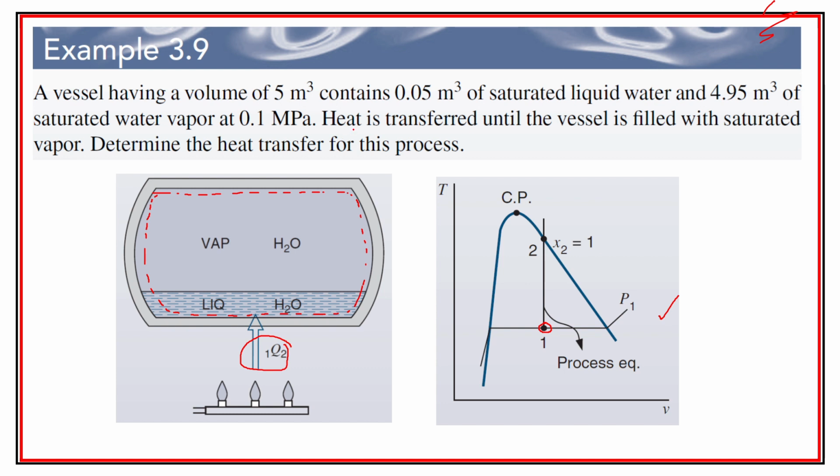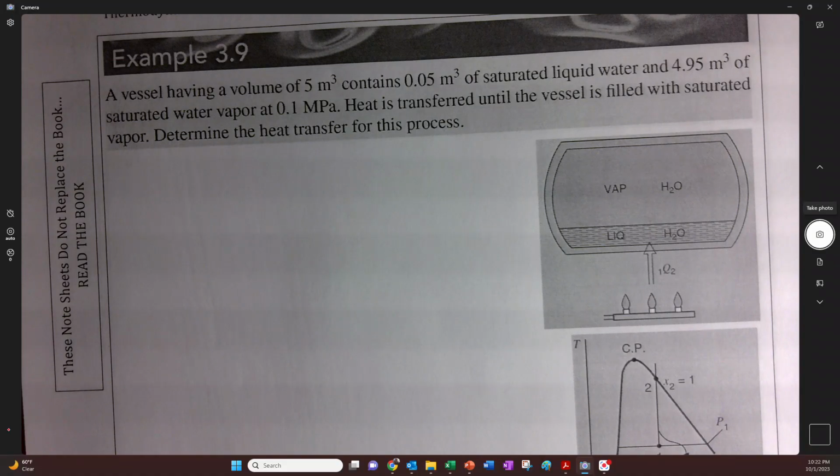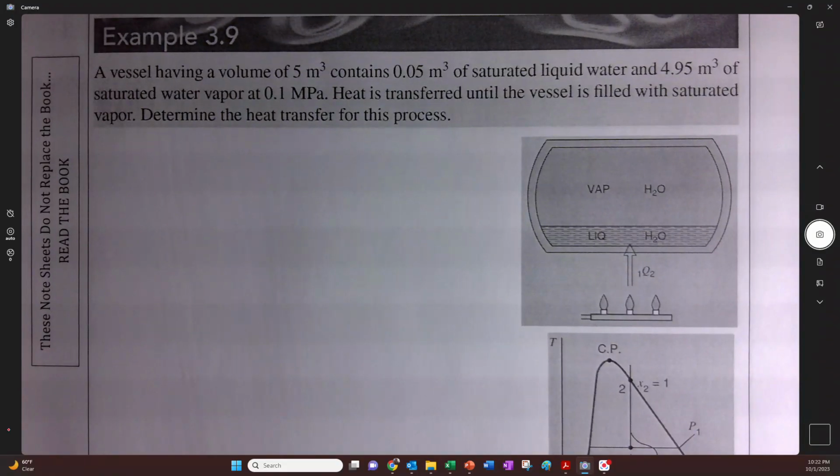When we add some heat, heat is transferred until the vessel is filled with saturated vapor. We're going to have a straight line coming back up, and since it's saturated, it's going to land right there. That's the idea for the problem and how we should be thinking our way through it, picking it apart one step at a time as we read.